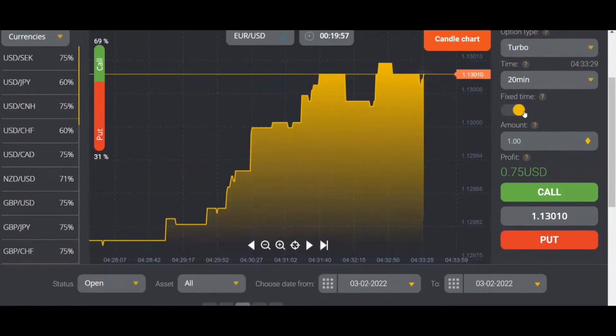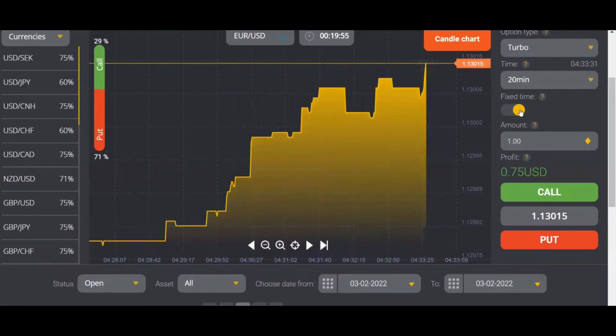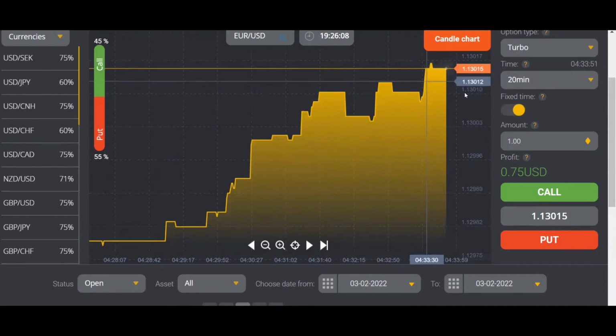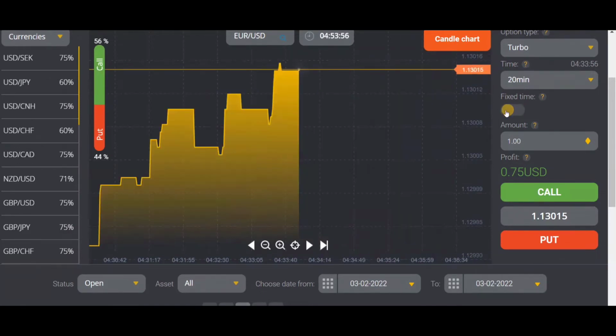I've learned that when it's brighter, it's actually off and the timer goes down. So if I take a trade right here, it's only going to give me 19 minutes, 45 seconds. Okay. So if I click this off, it's been known to just give me the full 20 minutes. Why it doesn't show the full 20, I am not sure.